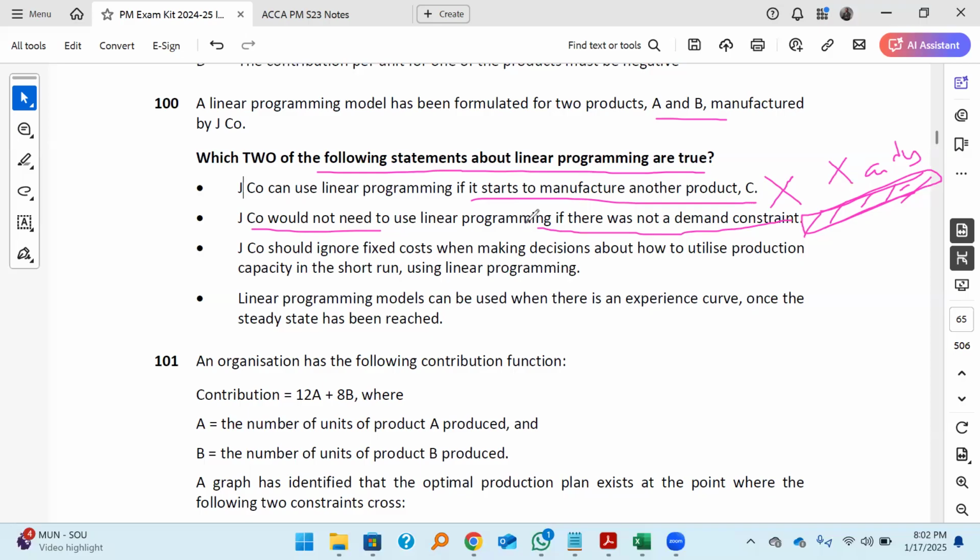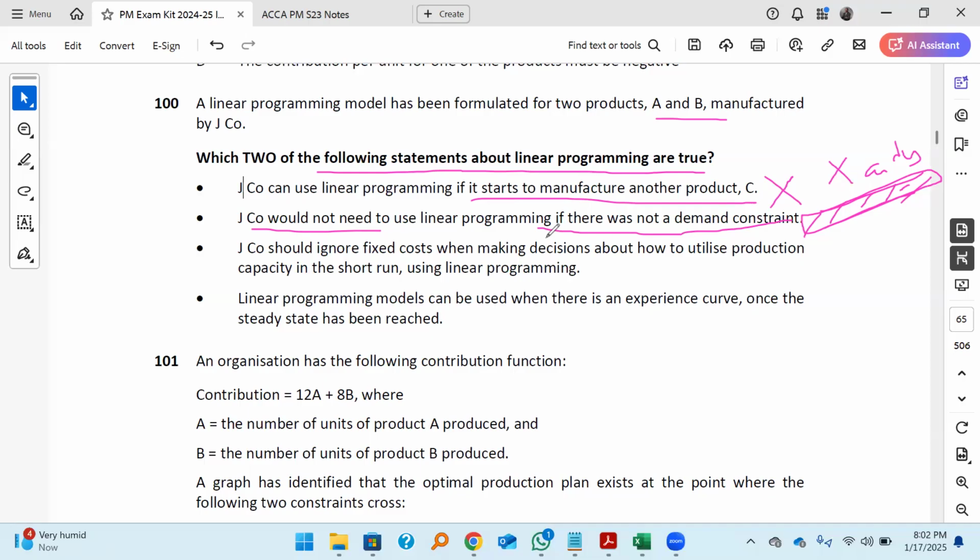And that limiting factor doesn't have to be demand. So here they are saying if demand is not a constraint, you can't use linear programming. No, you can. It could be that demand is not a constraint, but materials and labor are, in which case you can still use linear programming.